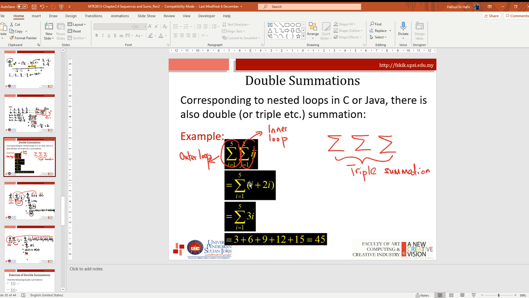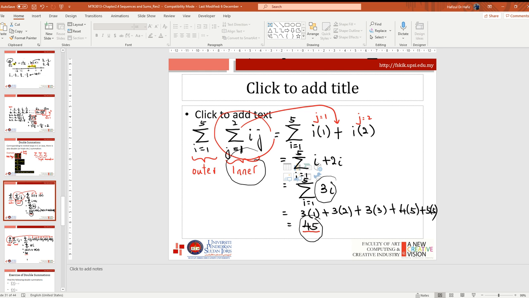We evaluate the inner loop first, and then we get the sum of 3i, i equal to 1 to 5. And then we start with 3 multiplied by 1, plus 3 multiplied by 2, 3 multiplied by 3, until i is equal to 5. We do the inner loop first.